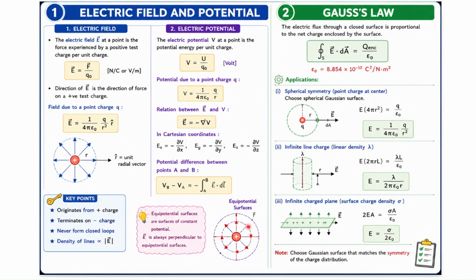Because of this, the electric field vector E is always perpendicular to the equipotential surface at every single point. Always perpendicular to the equipotential surface. Take note of this. Let me quickly move to the right side of my slides, the green area.